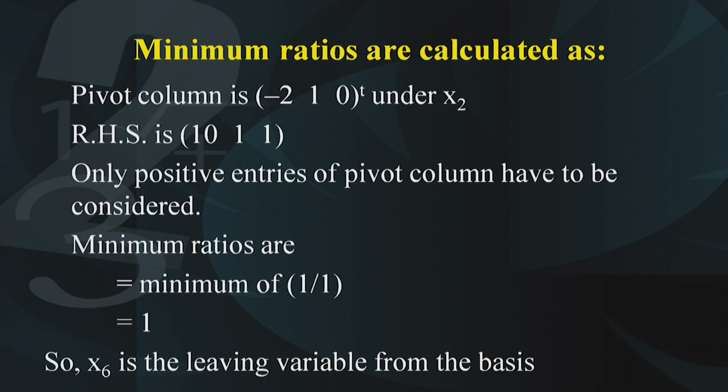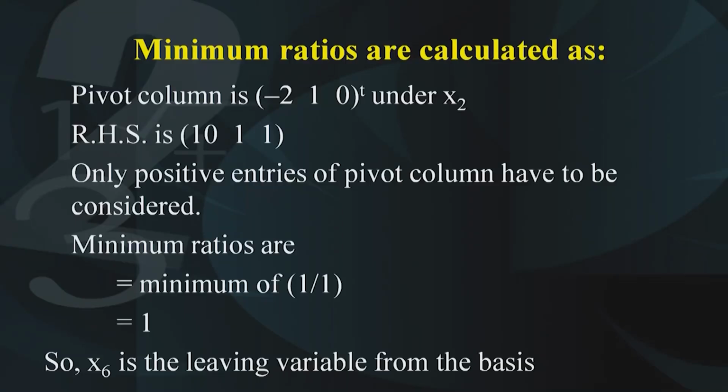Please note that the minimum ratios have to be performed only for the entries in the pivot column which are greater than 0. The negative ones have to be ignored. So, here only one positive entry is available in the pivot column.